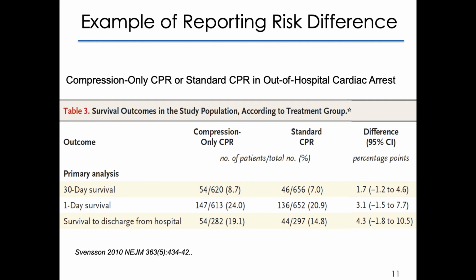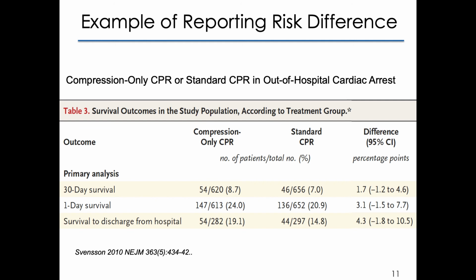Another example of reporting a risk difference, again, a randomized trial: compression-only CPR or standard CPR in out-of-hospital cardiac arrest. And I believe the intervention was carried out by EMTs, by emergency medical technicians in the ambulances.